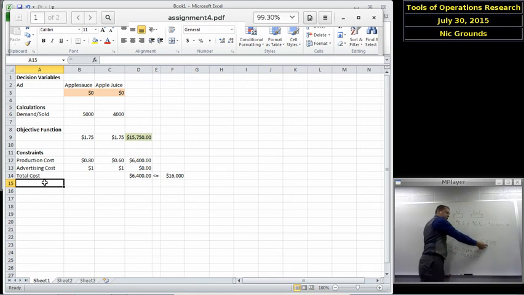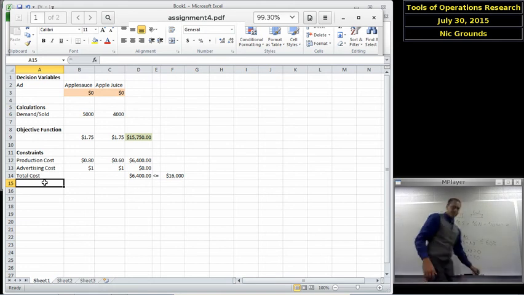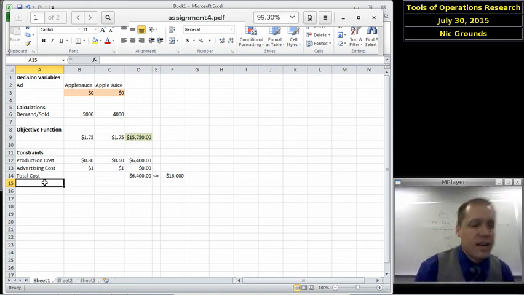Similarly, if you're wanting to limit it to be less than 60%, then 1 minus 60%, or 0.4, times applesauce minus 0.6 of the other thing must be less than or equal to 0. Okay? So, we can compute those two things easily enough using some product.